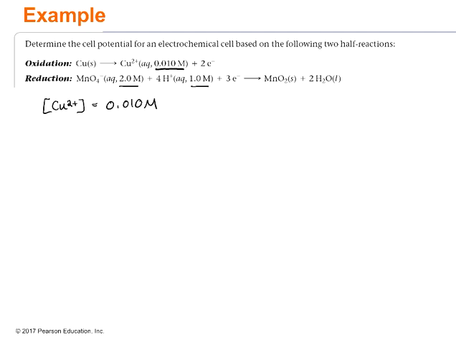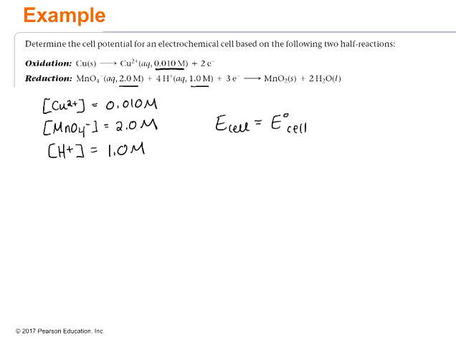And then we're also told that permanganate has a concentration of 2 moles per liter, and then the hydrogen ions have a concentration of 1 mole per liter. Okay. So what we probably need to do first, let's actually write out the Nernst equation just so we can see which factors we need.